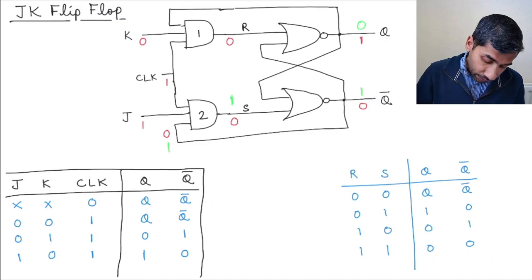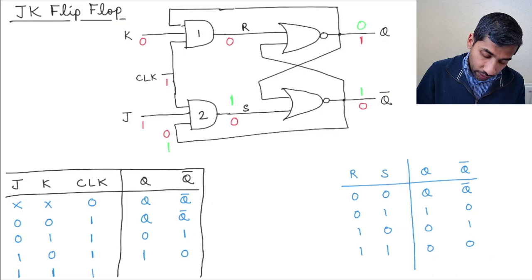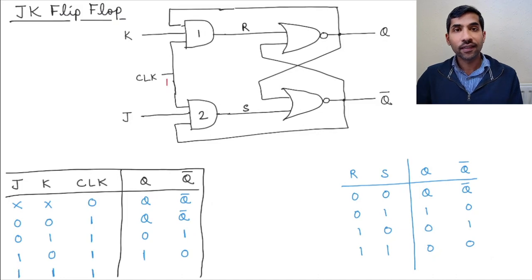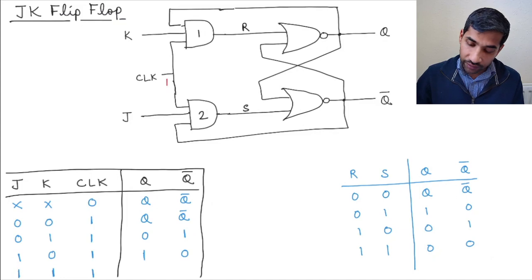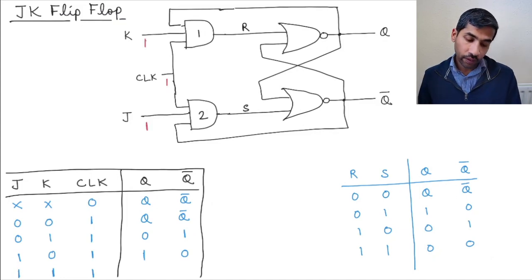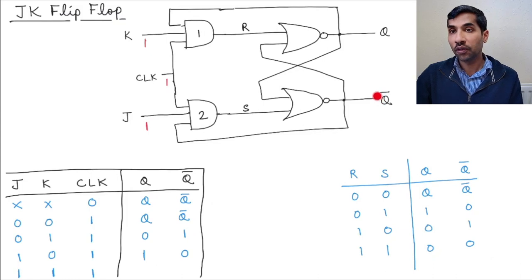Okay, now the last condition is when J and K are 1 and 1 and the clock is 1 as well. So what happens in this case? I've erased the markings in the previous case, and now let's try K equal to 1 and J equal to 1. Now the outputs of both gate 1 and gate 2 depend on what Q and Q bar are going to be, right?